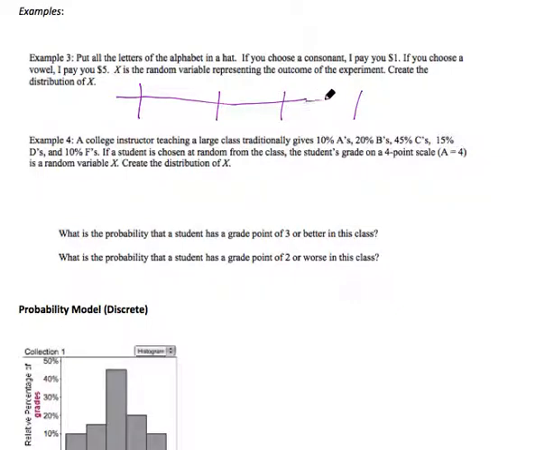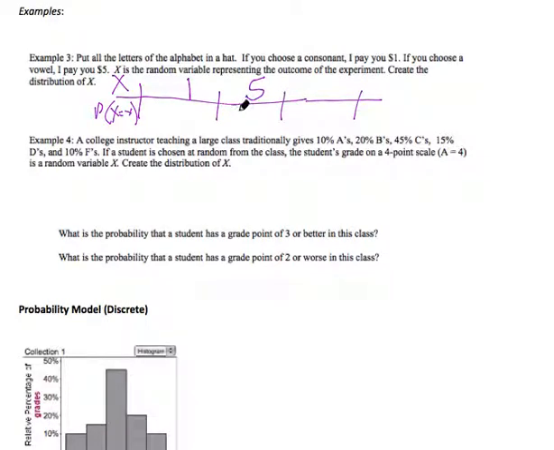Didn't quite make it long enough. Okay. In this table, I'm going to have the values of X, so the values of the random variable. This is a capital letter X. And then underneath it, I'm going to have the probability that X equals x. So what are our choices? I guess I did make it long enough. The outcome is $1 or the outcome is $5.